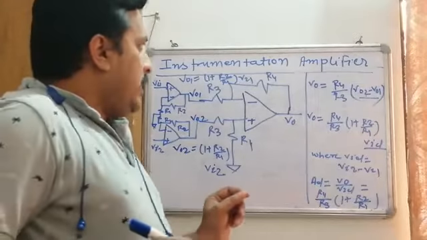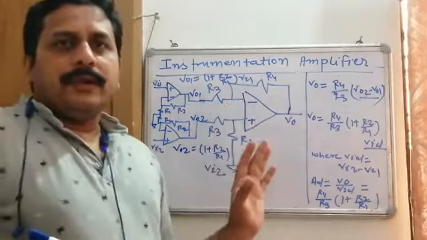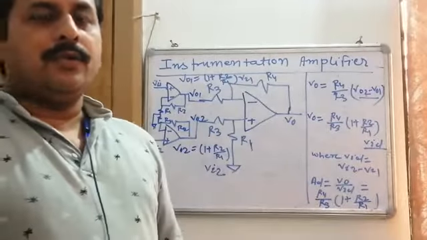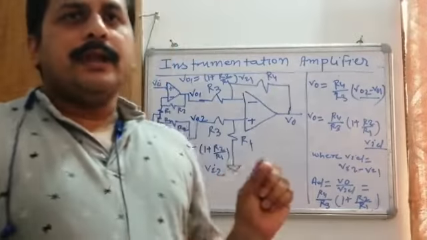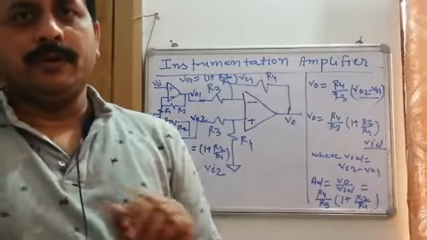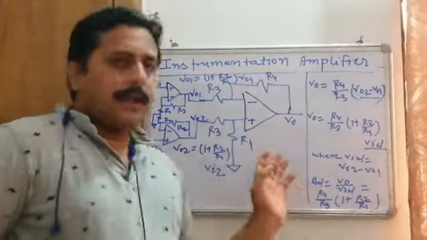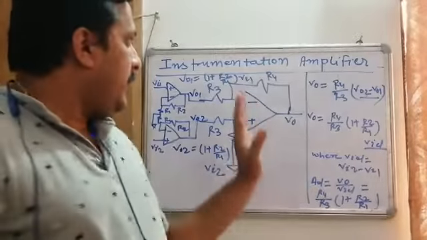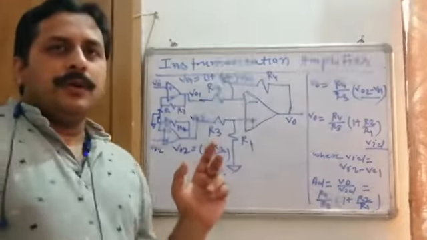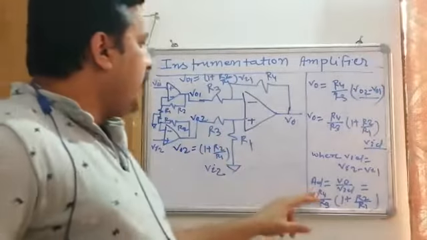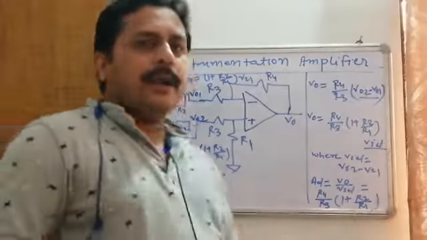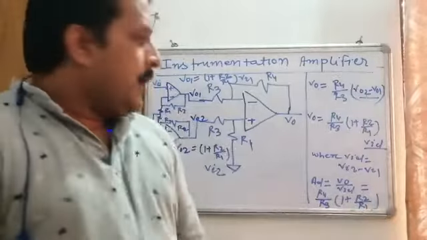Now the question is: is this circuit sufficient, or accurate enough to work as a difference amplifier? The answer is no. What are the demerits of this circuit and how can we resolve them? Basically, three types of demerit exist in this circuit. First, if you want to vary the difference gain AD, you have to vary resistances R1 and R2 by the same amount.